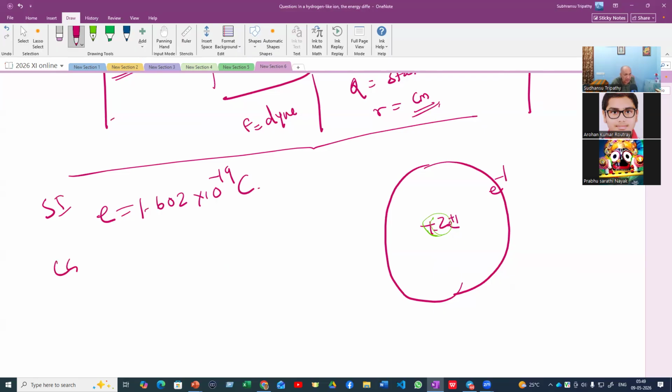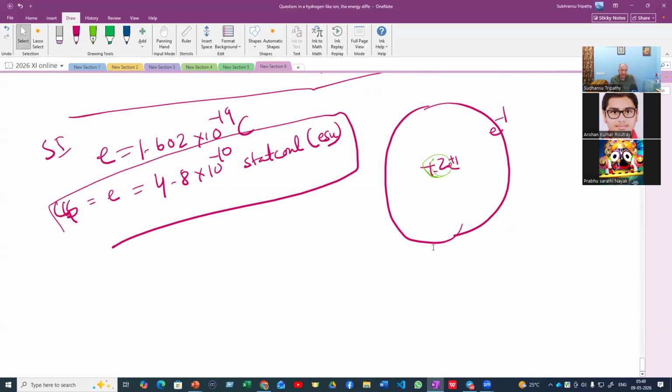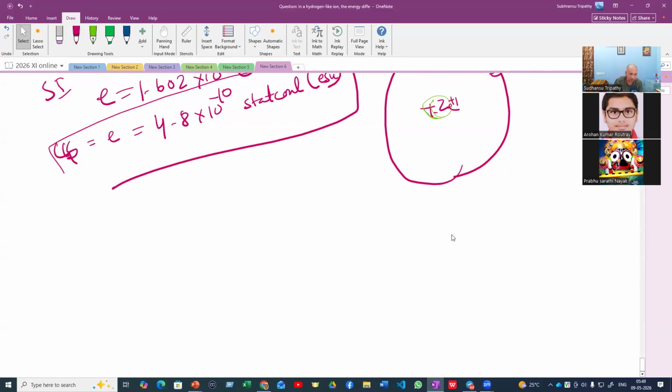And in CGS, charge of one electron or one proton is equal to 4.8 into 10 to the minus 10 stat coulomb, or ESU. First, we will be doing it in SI unit. Then we'll finish our class today and apply next time. So let us derive in SI unit.